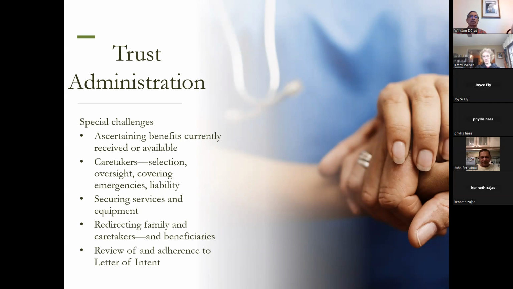Family dynamics. Oftentimes beneficiaries have siblings or other loved ones who are involved in their life and in their care, but you are the trustee, and so you are the one who ultimately holds the purse strings over this trust. So being able to navigate the requests and sometimes the demands of others in the picture can be a challenge, particularly if they're your family members too.